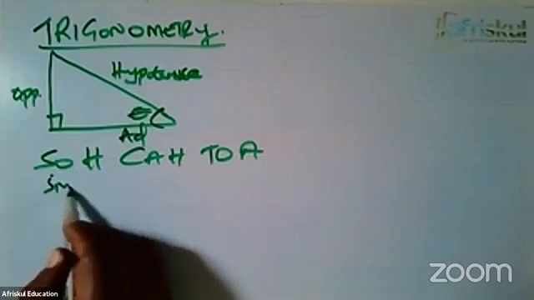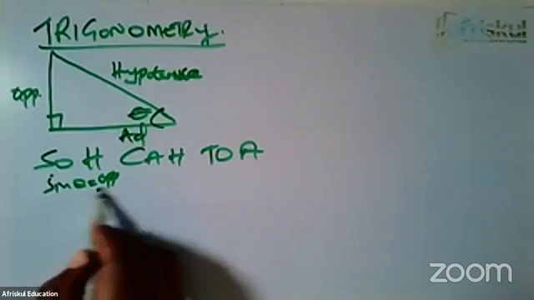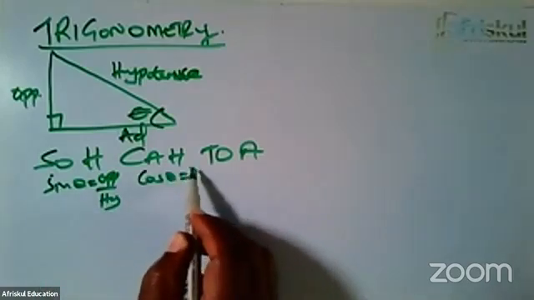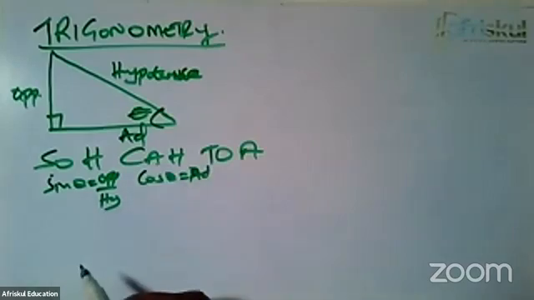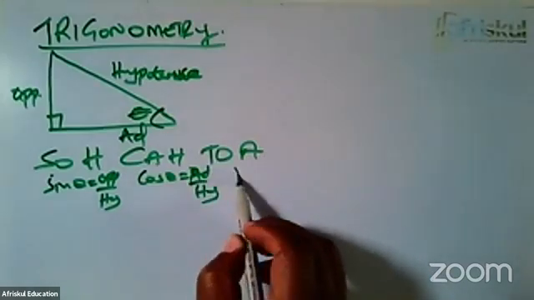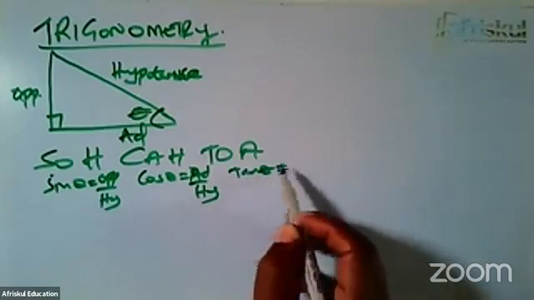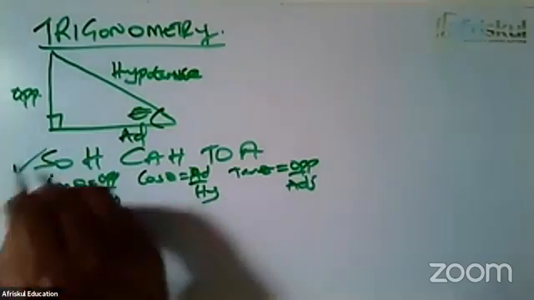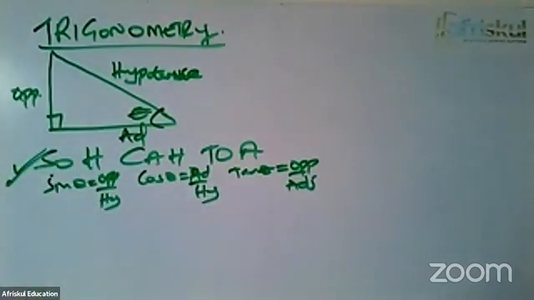Cosine theta equals adjacent over hypotenuse. Tan theta equals opposite over adjacent. That is a key thing that you must always remember. And I've done so many videos and I put them in our website regarding this SOHCAHTOA.